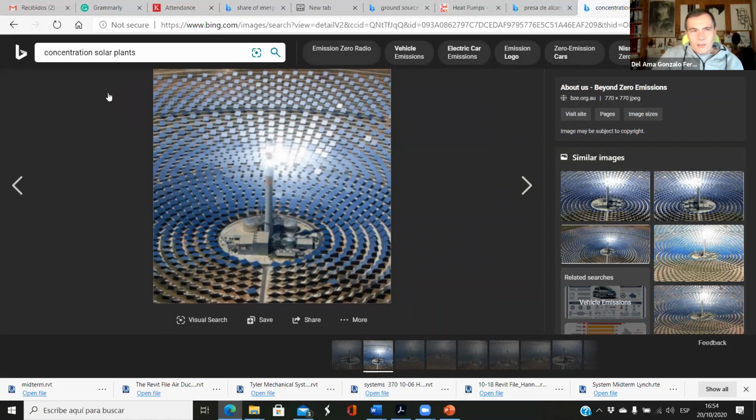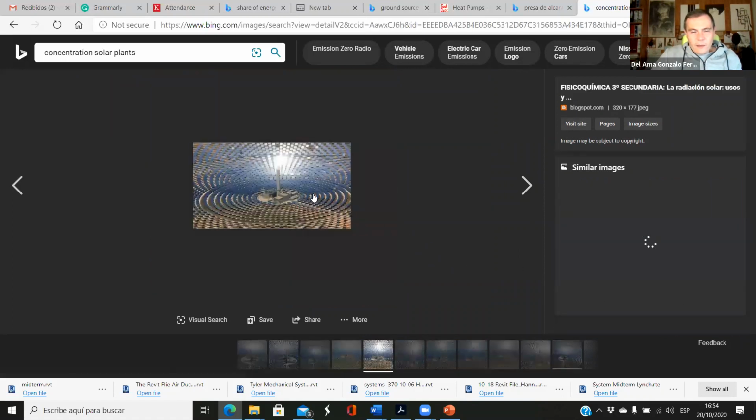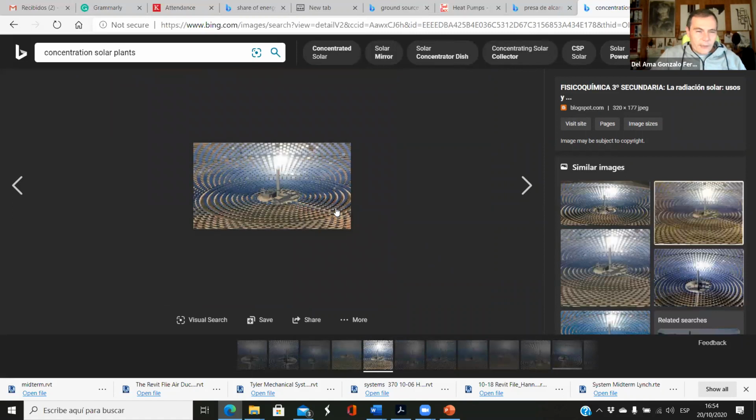This is concentration solar plants, and the other one is photovoltaic solar plants. It has an environmental impact for sure. This is clean, renewable energy, but you need a huge area to install or deploy all these elements.